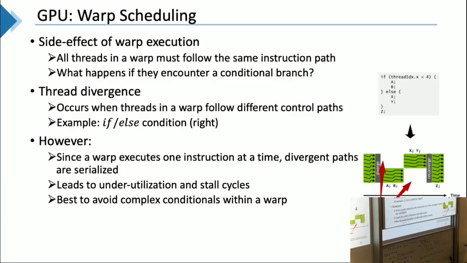So when you do CUDA programming, you always need to keep in mind what your warp size is and how to avoid warp divergence, because, as we noticed here, it causes a lot of idle cycles and hardware inefficiency. So this is the idea of warp.